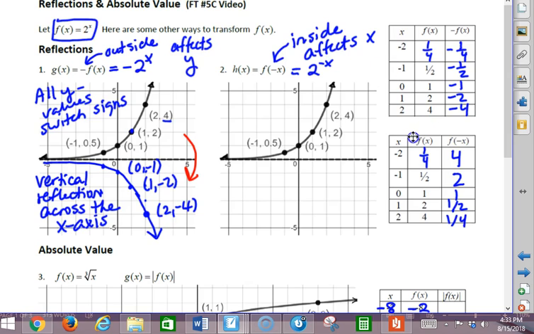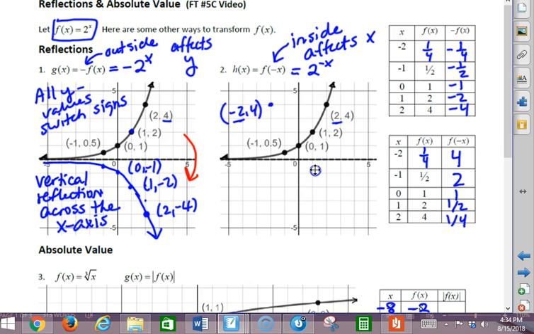So notice now, instead of negative 2 going with 1/4, negative 2 goes with 4. And instead of positive 2 going with 4, positive 2 goes with 1/4. So all of the x values are switching which y value they go with. Instead of 2, 4, I have negative 2, 4. So notice it's my x's that are switching.